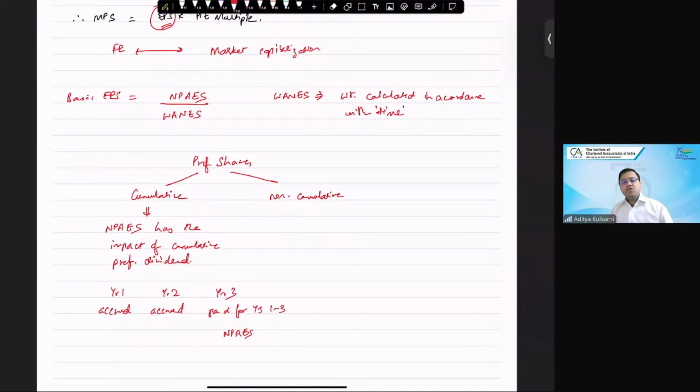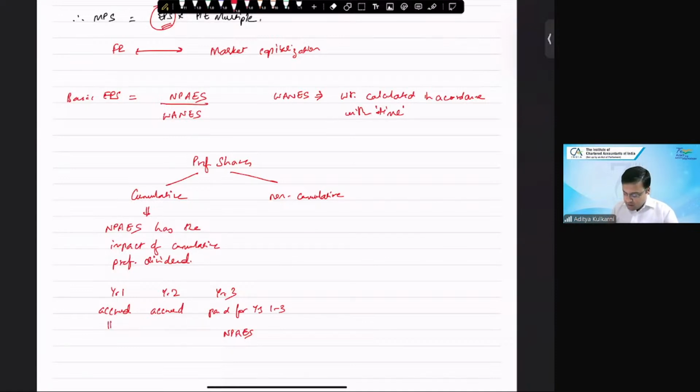Should I adjust only one? Should I adjust two? Should I adjust three? Because payment is happening for 3 years. Come on, tell me how many years? Should I adjust for three or should I adjust only for one? You should adjust only for 1 year.